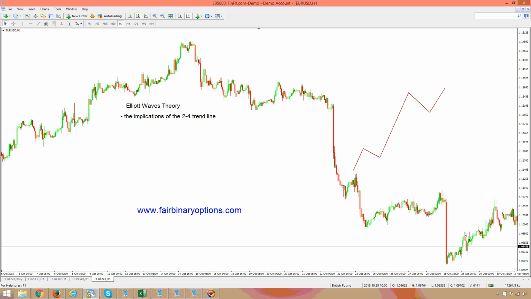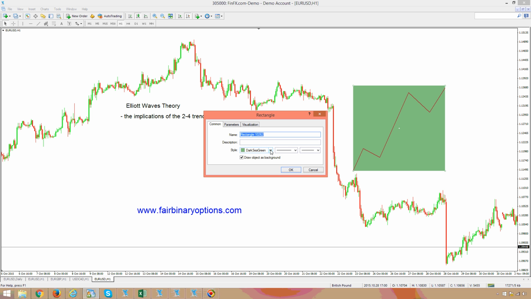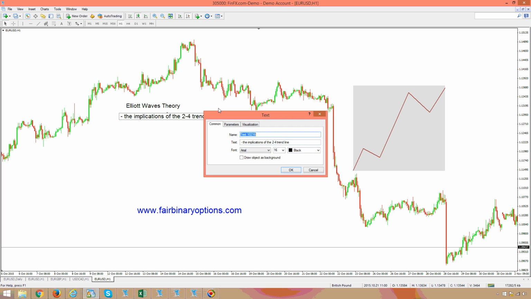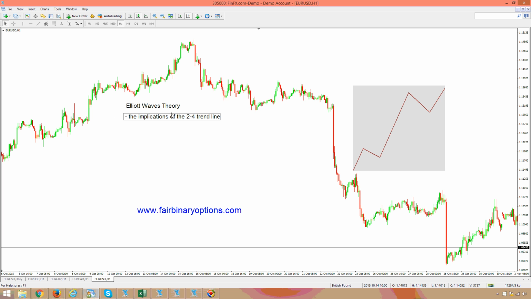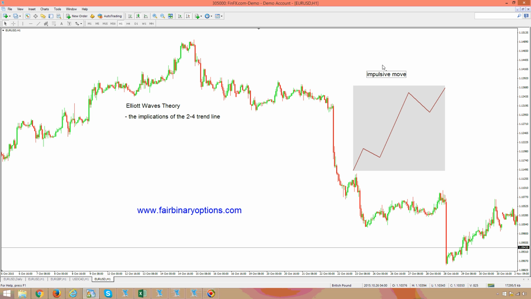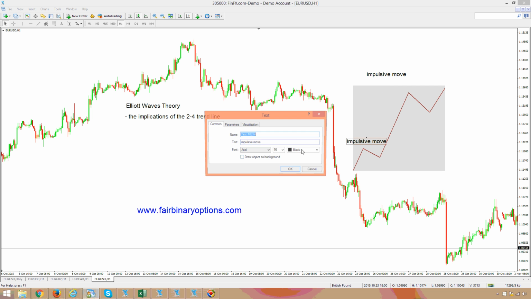The 5 waves up, the whole move basically that starts from here to here. Let's make it of a different color. So this whole move in here is being called an impulsive move. Any impulsive move is formed out of 5 different waves, labeled with numbers.